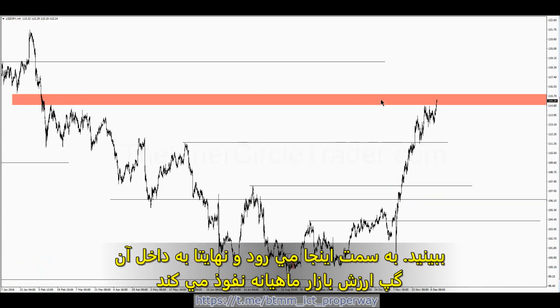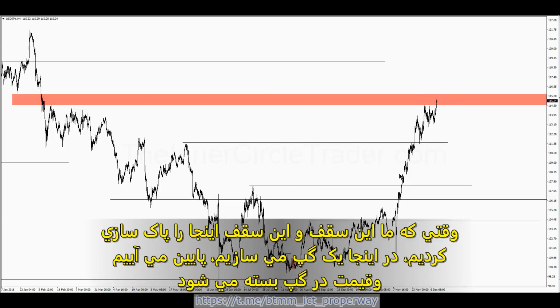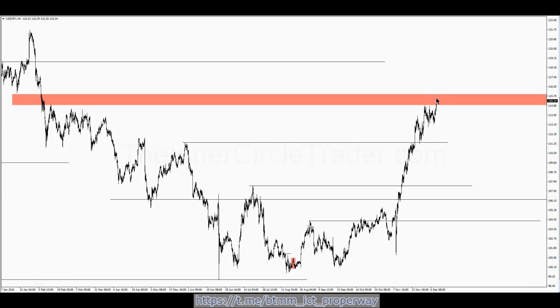Okay, all through here, and ultimately trades up into that monthly fair value gap. Once we cleared this high here, and we cleared this high here, we came back, we created a gap. We created a gap here, came down and closed in the gap, and then ultimately aggressively ran right up into that monthly fair value gap.